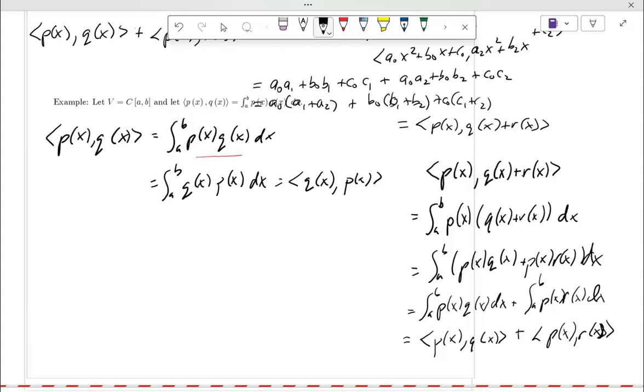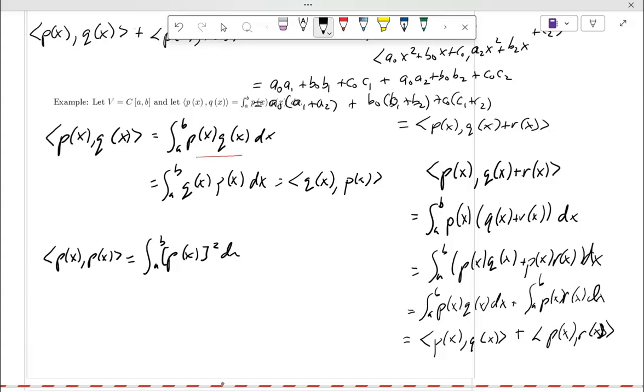The fourth one, if you do the inner product of P of X with itself, you ended up with the square of the function, right? If I do the integral of the square, can I ever get a negative number?